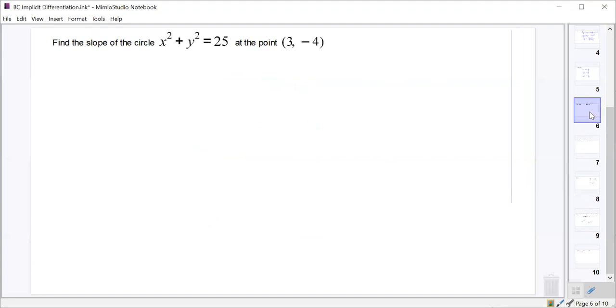All right, I want you guys to find the slope of this circle x squared plus y squared equals 25 at that point 3, -4.